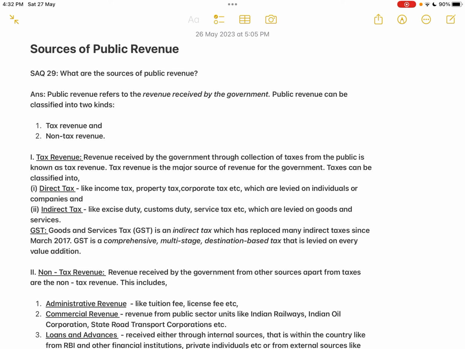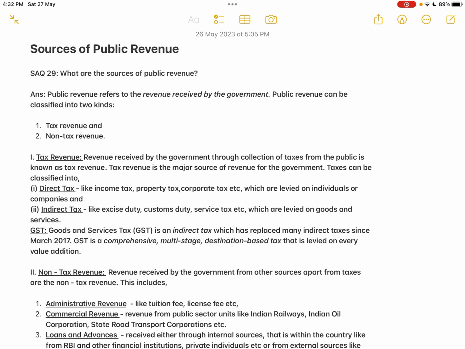Now you have to understand direct tax and indirect tax. See, direct tax means, for example, you take the income tax. On whom is the government imposing the income tax? Let us say the government is imposing the tax on one particular individual whose income is above a certain limit, isn't it? So that person directly pays the tax to the government.